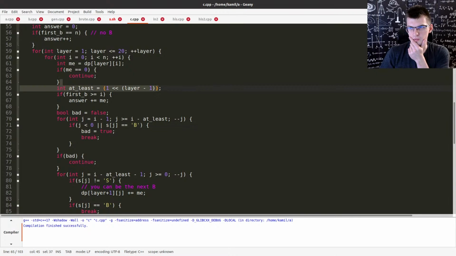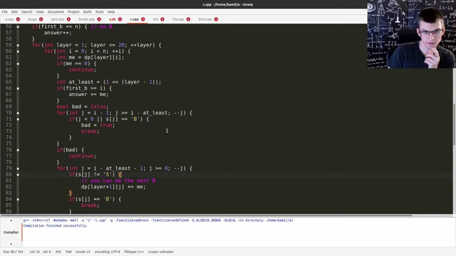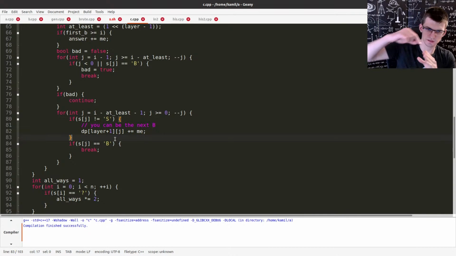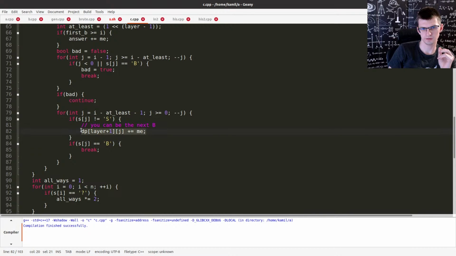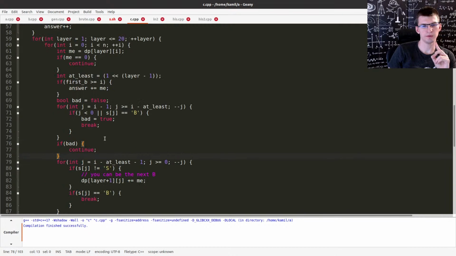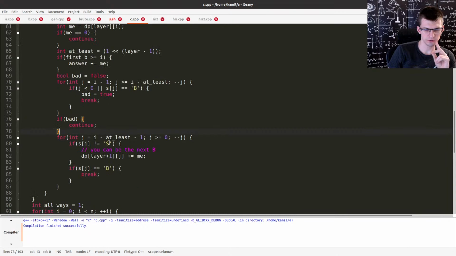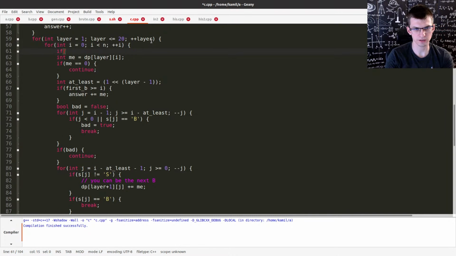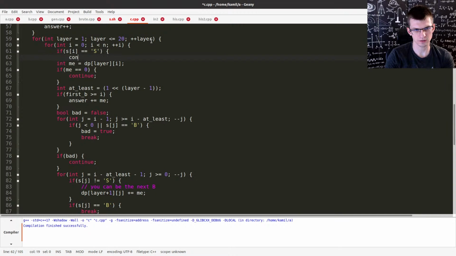Now, time to make it faster. This is checking if in some interval there is B. This is adding to some interval, adding B if it's a question mark or B. Basically, any DP cannot be considered if you're exactly S. So what if I change this a little bit: if S of I is equal to S, then continue.